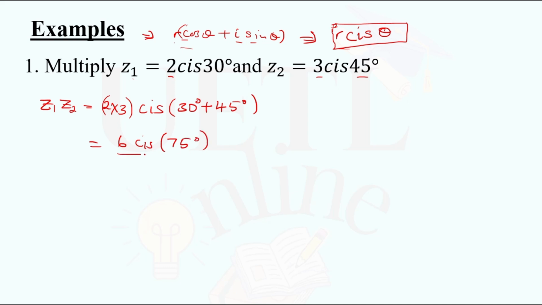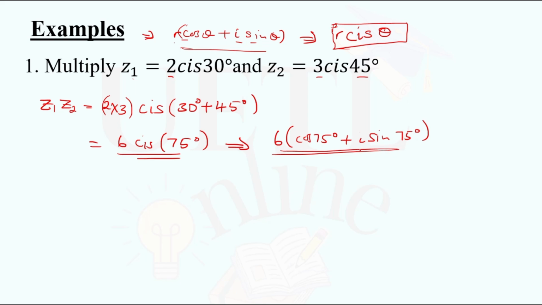Let's express this back in the standard polar form. This means we get our answer as 6(cos 75 degrees plus i sin 75 degrees). So we have successfully multiplied these two.